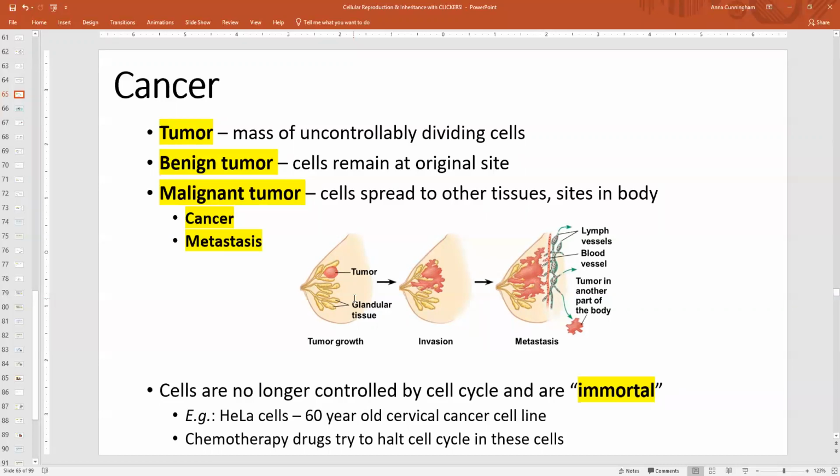Not only have these cells lost the ability to stop the cell cycle, so they're always going through cell division, but immortal cells also lose contact sensitivity, so they're not going to stop growing if they contact each other. And also these cells have the ability to grow anywhere.